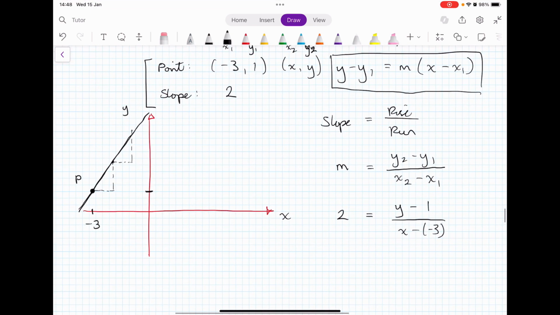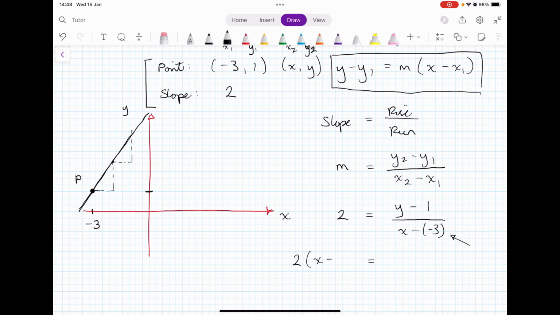Now, how do we simplify this equation? You could leave it as this, but usually we want to simplify it into a nicer form. We can multiply both sides by the denominator, x minus 3, to get rid of it on the right-hand side.